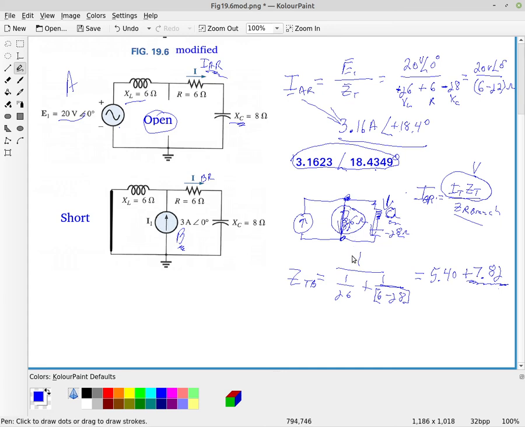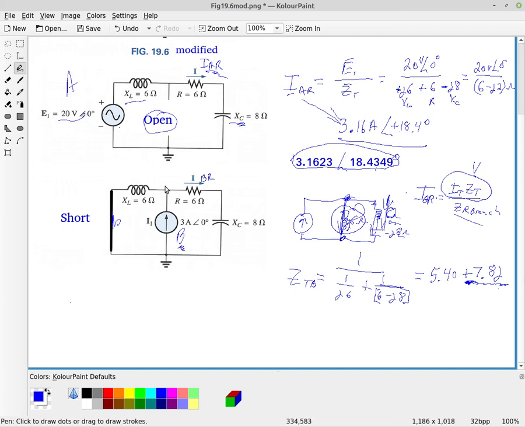It's actually going to have more current than the branch we're looking for the current in. What that means is that the inductor is dominant in this particular circuit, now remember we've shorted that voltage source there. So that's our total impedance.